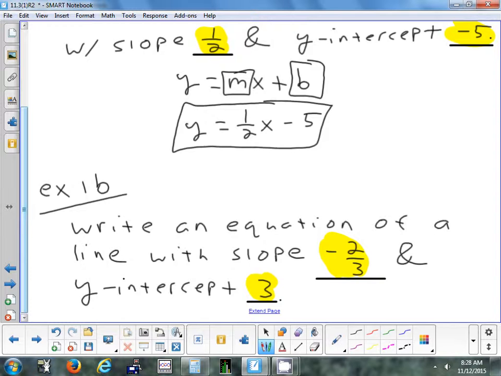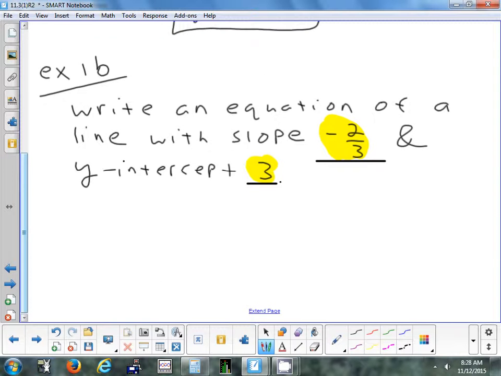All right, let's try example 1b. Same directions. Write an equation with the slope -2/3, y-intercept +3. How about Callan? Do you think you can give me the equation that has slope negative 2/3, y-intercept 3?